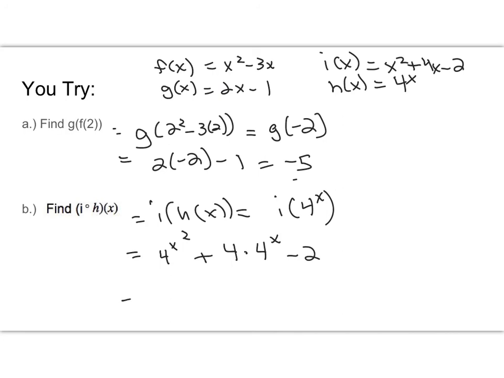And if I simplify this, I have a power raised to a power here. That'll be 4 to the 2x plus 4 times 4 to the x. I can't combine these 4's because order of operations says I have to do the exponent first. So it just stays as, oops, not 4 to the 4th, unless x is equal to 4. It's going to be 4 to the x minus 2. And that's it.